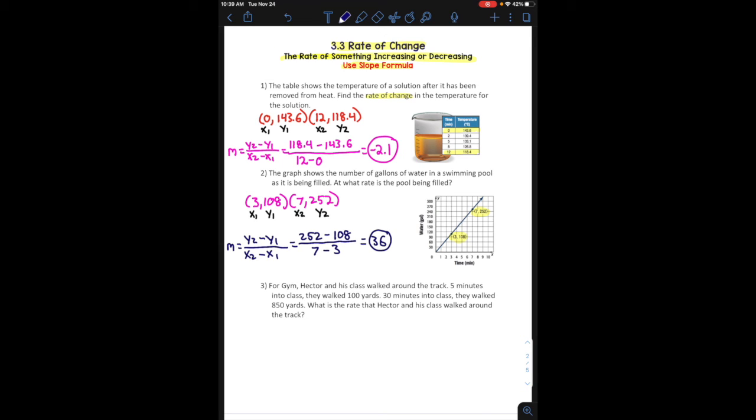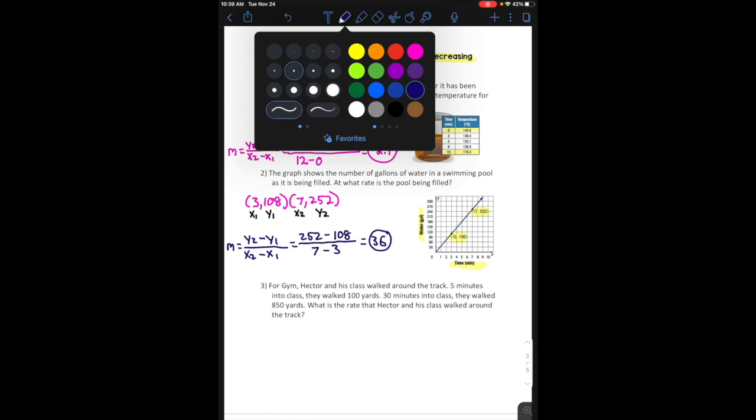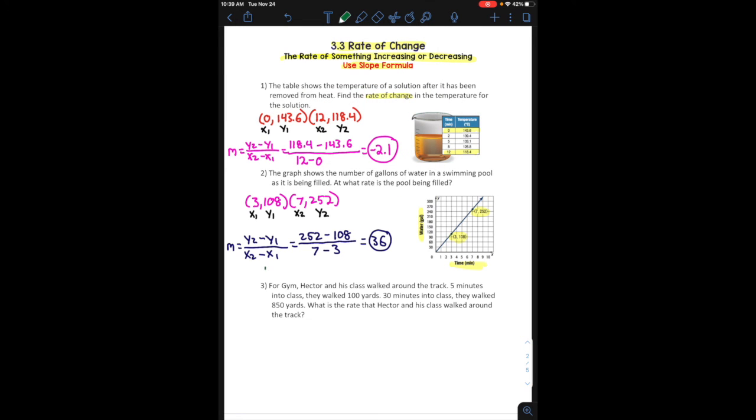What does this represent for our word problem? The pool is being filled 36 gallons per minute. So in our notebooks, as our answer, we could write the pool is being filled 36 gallons per minute.